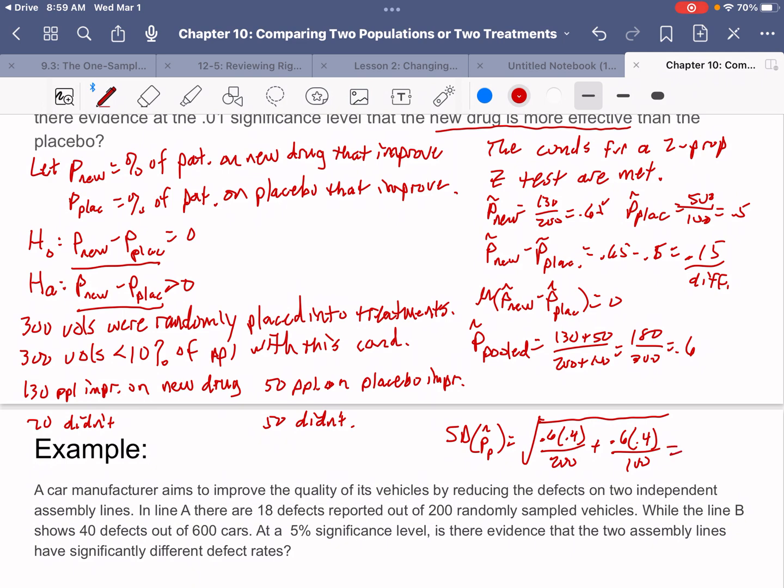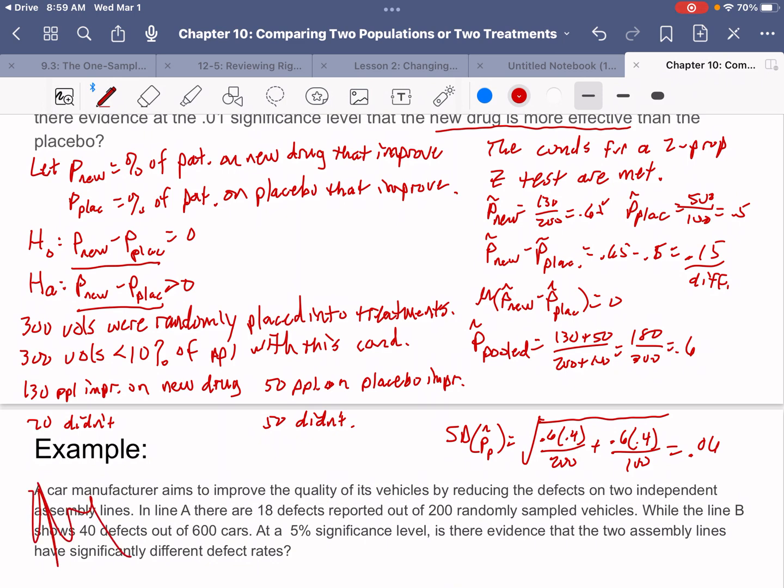So take a second as I'm going to go silent and calculate this. Okay, I'm getting that the standard deviation of P hat pooled is 0.06.